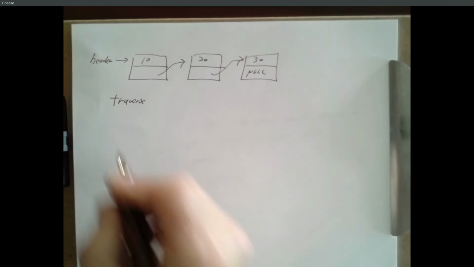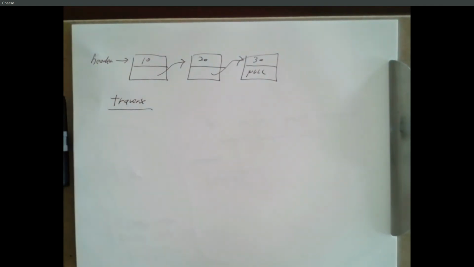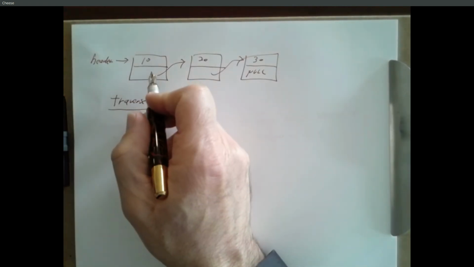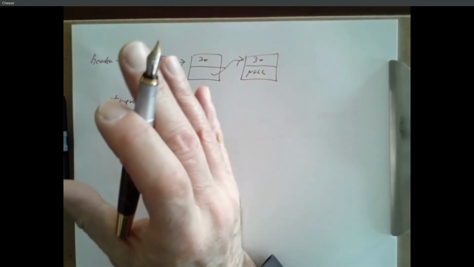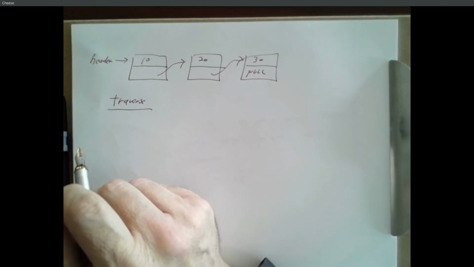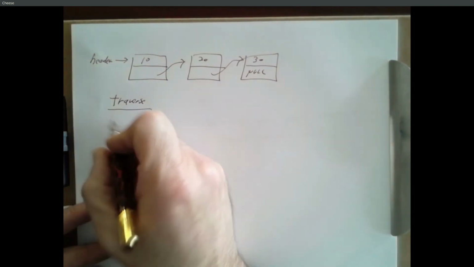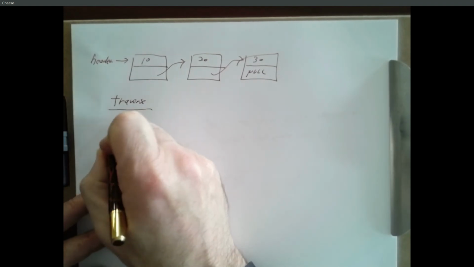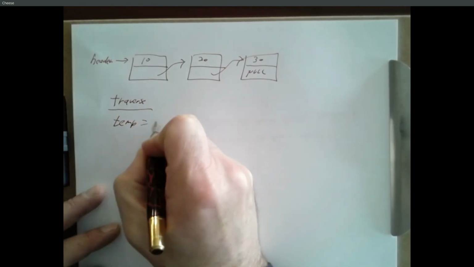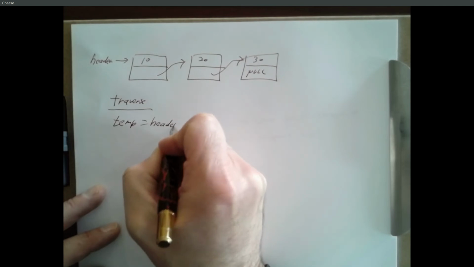Okay, how do we traverse a list? It's fairly straightforward. So our header somehow points to our first node. So I'm going to write some pseudocode. It'll look kind of like C, but it's not really C. It's something like C. So I'm going to make a temporary variable temp, and I'm going to set that equal to header.